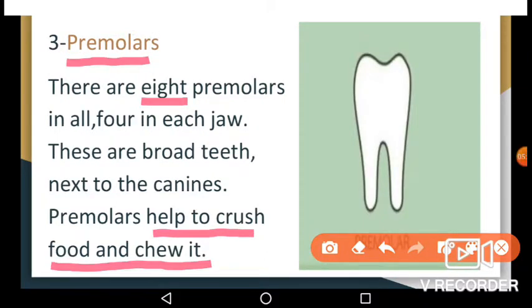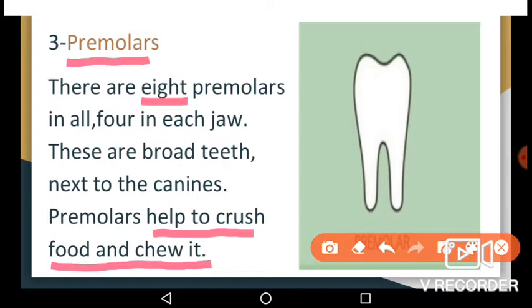Your 8 premolars sit next to your canines. There are 4 premolars on top and 4 on the bottom. Premolars are bigger than canines and incisors.